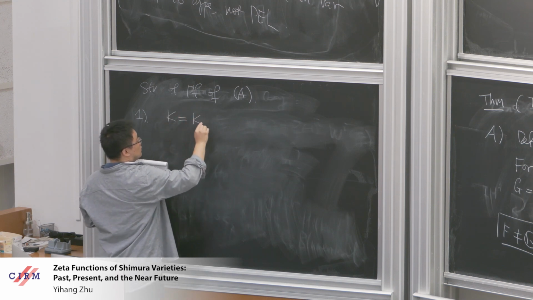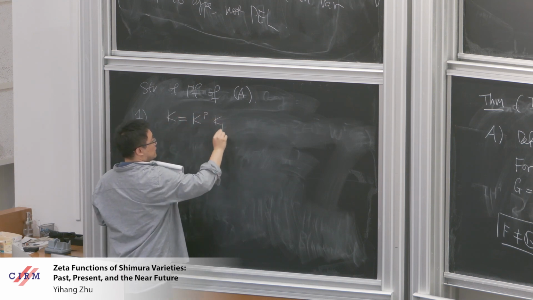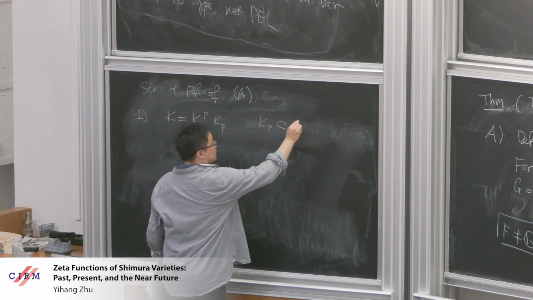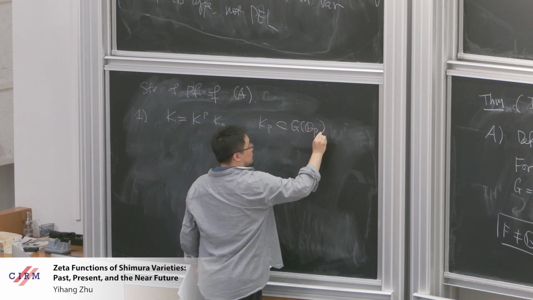For almost all primes p, this level K is hyperspecial at p. So K_p inside G(Q_p) is hyperspecial.